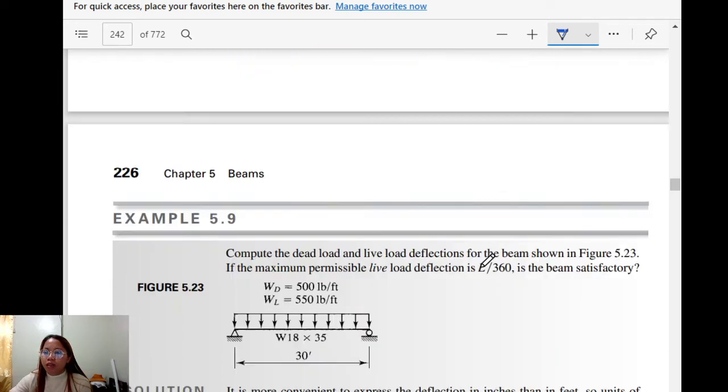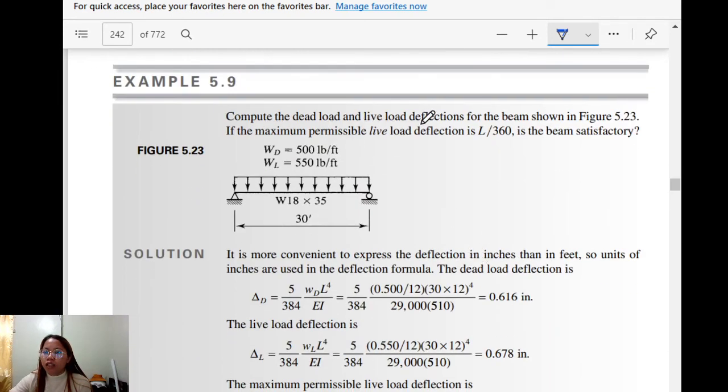So for example, we have this example: compute the dead load and live load deflections for the beam shown in figure. If the maximum permissible live load deflection is L over 360, is the beam satisfactory? So we are given the beam section, W18 by 35.